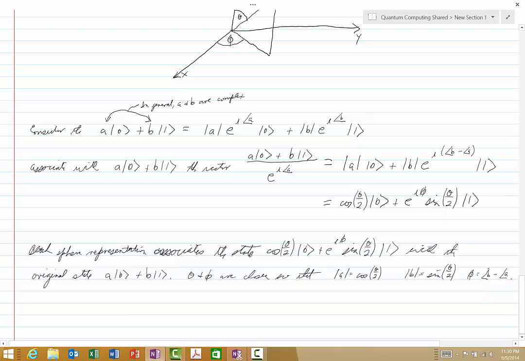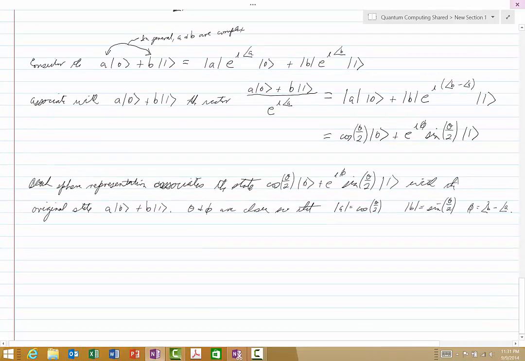And here theta and phi are chosen so that cosine theta over 2 is the magnitude of A, sine theta over 2 is the magnitude of B, and phi is equal to the phase of B minus the phase of A. And of course, with this theta and phi, we can choose a point on the sphere.